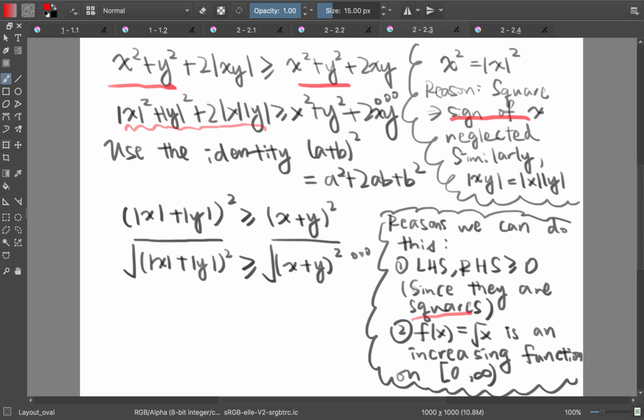Second, taking the square root preserves the inequality sign because f(x) equals the square root of x is an increasing function on the interval 0 to infinity. And so, when we take the square root, it indeed preserves the inequality sign. So, after we take the square root, we have to remove it. So, what can we do?